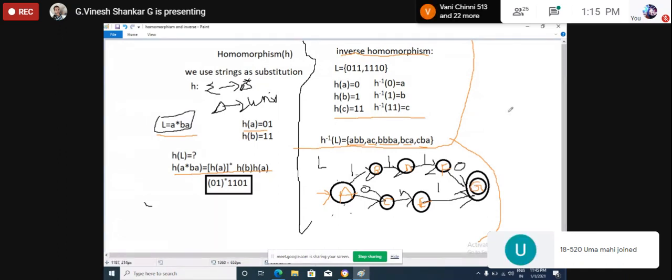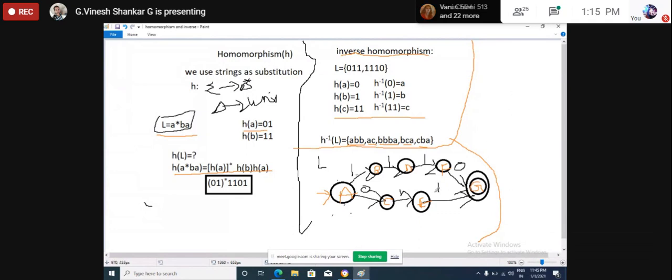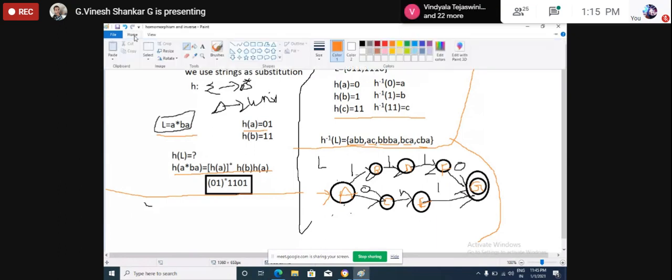Now, let me draw the finite automata where I can make it very clear. I hope we'll be drawing it better here. Space will be sufficient. Fine. See here now, we take another color.